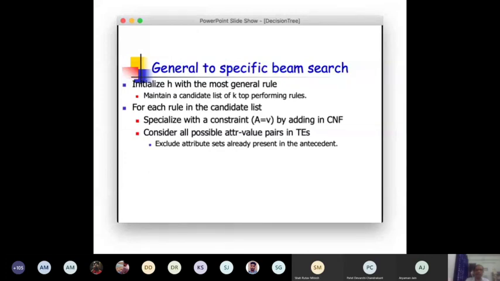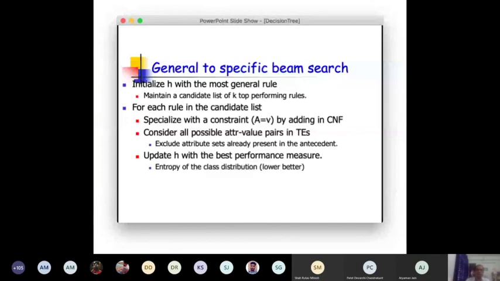using those antecedents, find out how many examples are covered, or find some measure, looking at it the other way, the way you have looked at the decision tree, that means how pure the partition is with respect to that constraint. That means you look at the class distribution also. Both can be done. In fact, in this particular algorithm, they suggested using the class distribution. So they simply use the entropy.